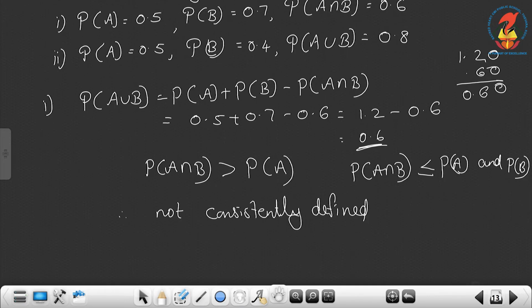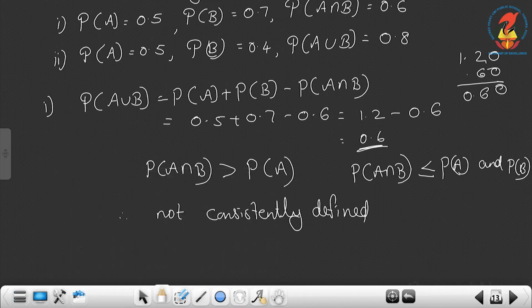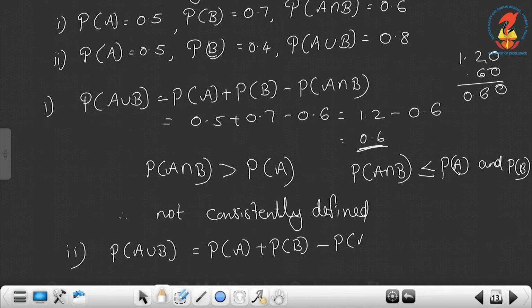Now the second case. Is there any problem in the second case? P of A, P of B. Here P of A union B is given. So P of A union B is P of A plus P of B minus P of A intersection B. So what is P of A intersection B? P of A plus P of B, that is 0.5 plus 0.4, then minus A union B, that is 0.8.